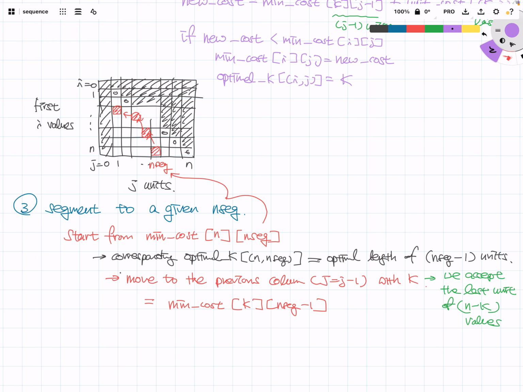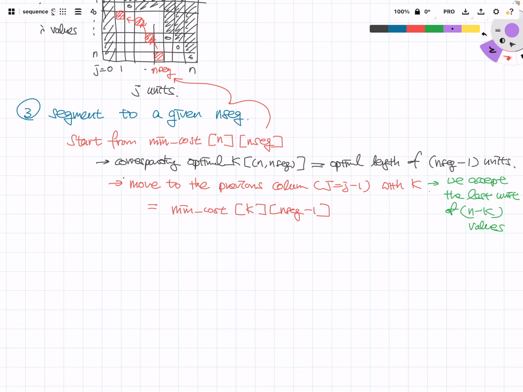So in terms of pseudocode, what we can do is first start with i equal n, j equal n segment, and while repeating, take a k for the current i and j, and then we have unit indexes, an empty list, and append the range from k to i, right?